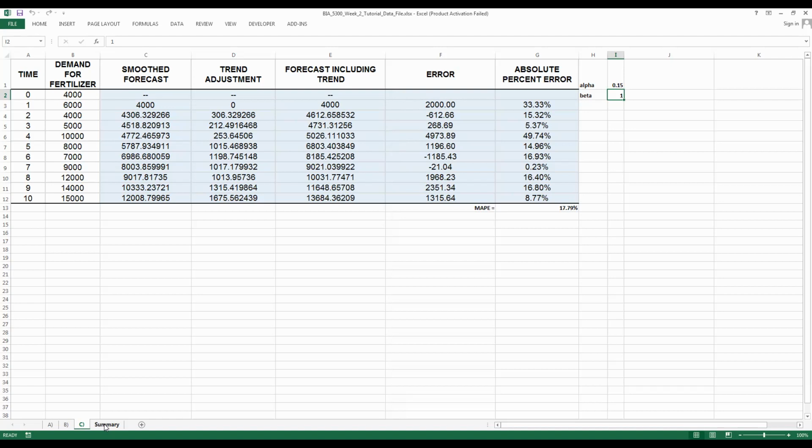You have to minimize that by adjusting the parameters of the model using Solver. Okay, so those are all the things you want to be able to do. Implement exponential smoothing and exponential smoothing with trend. Implement MAD, MSE, and MAPE. Use Solver to optimize parameters.